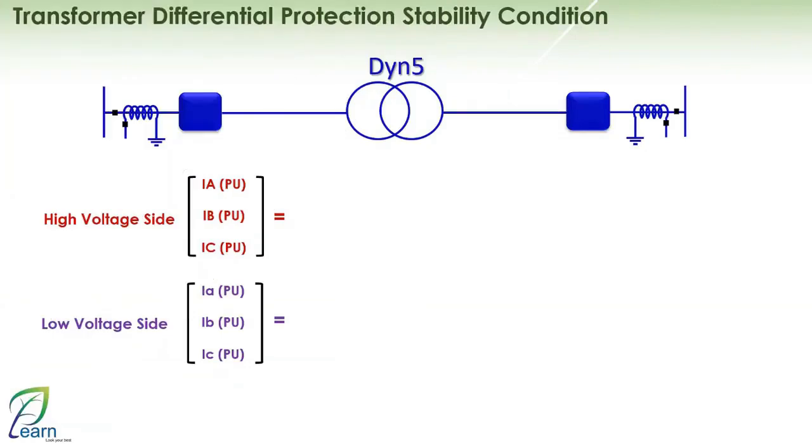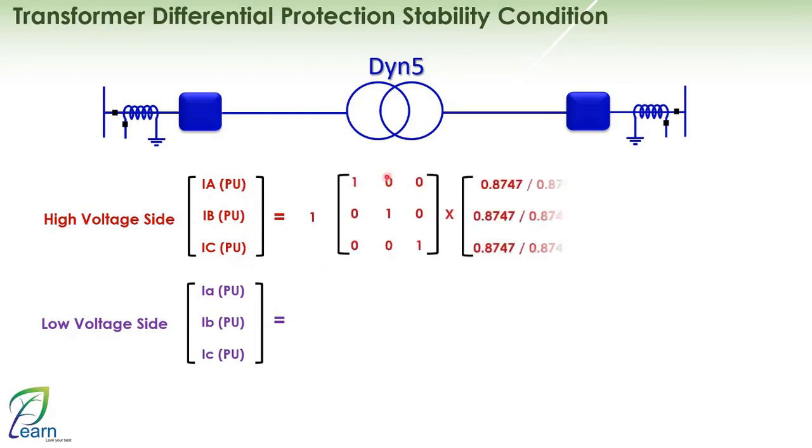Great. Now let's look at the stability condition under normal operating load in this transformer Yn5 on the high voltage side. I will find that my currents, which are compensated or inside the relay, are the product of matrix number 0 and the currents in amperes, which are read of course as the secondary side, meaning after the CT, naturally divided by I nominal to get them in per unit, and the angles are 0, 240, 120.